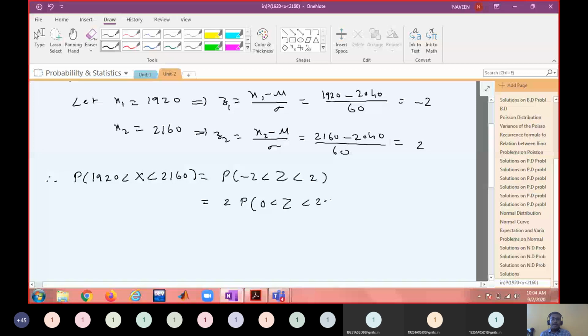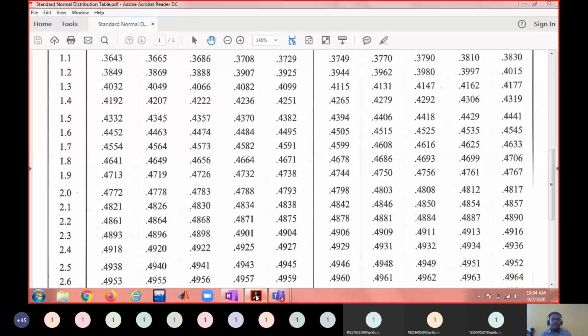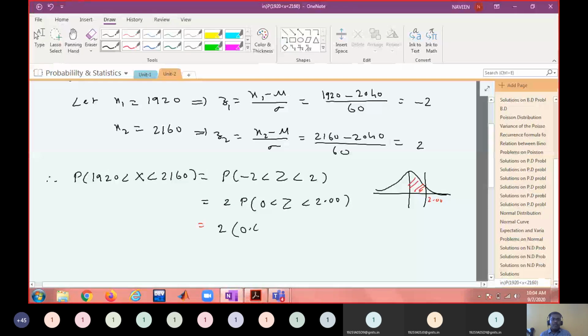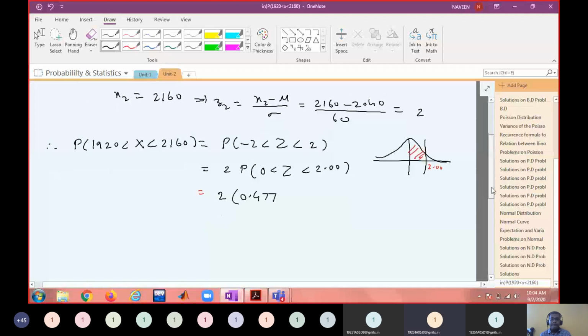Now look at your distribution table and find out the area from 0 to 2. For 2, it is 0.4772. So 2 times 0.4772 simplifies to 0.9544.